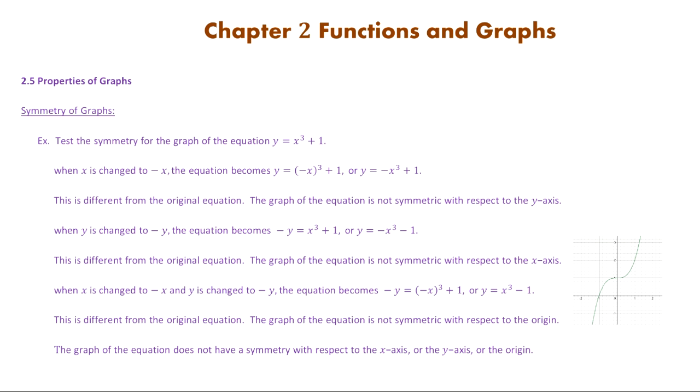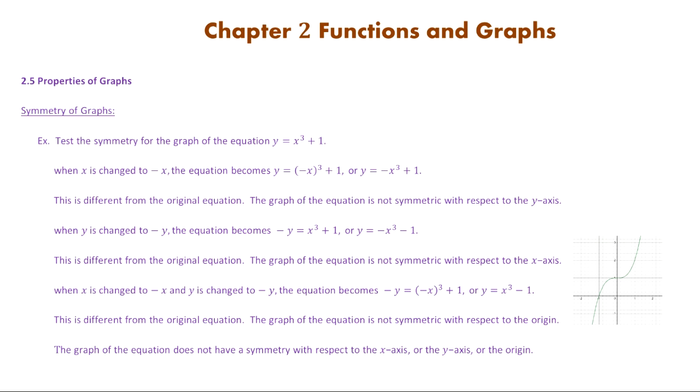So according to the criterion, the graph does not have a symmetry with respect to the x-axis. To test symmetry with respect to the x-axis, you change y to negative y and see if the equation is changed or not. It is changed, so there's no symmetry with respect to the x-axis.